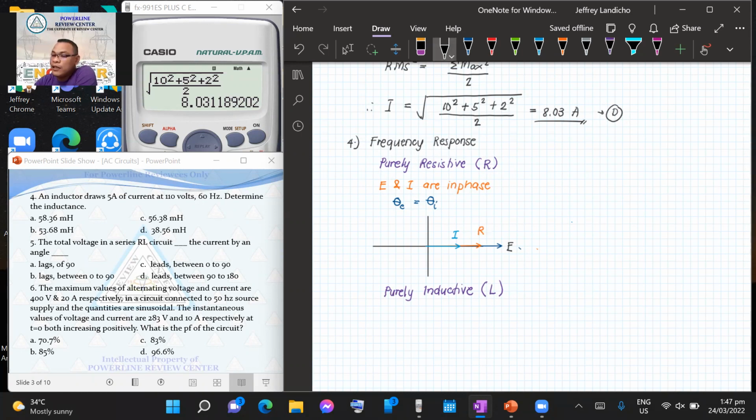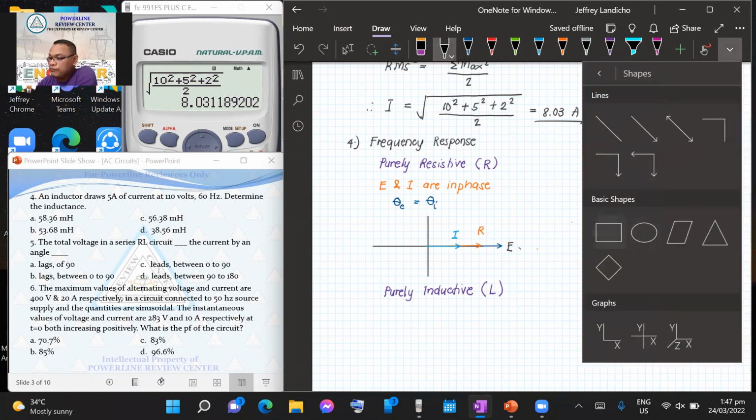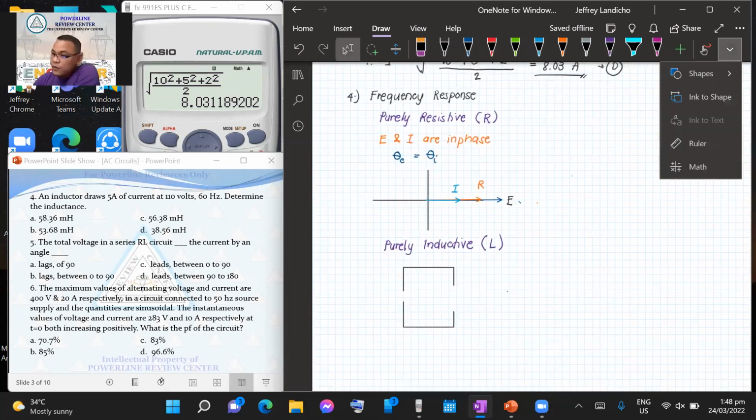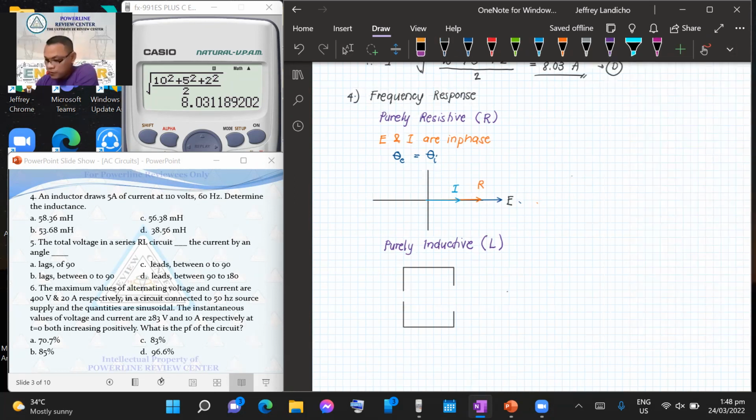So kung babalikan natin yung ating equivalent circuit, okay, so we have the source voltage and you have the inductance.